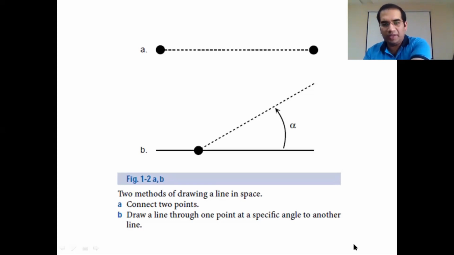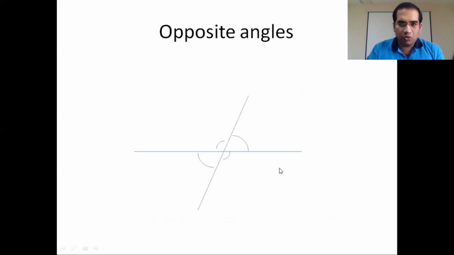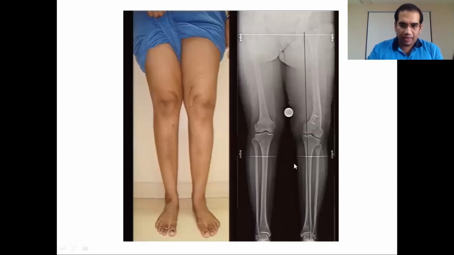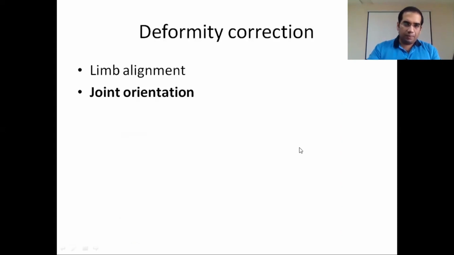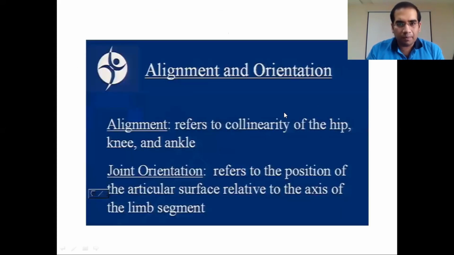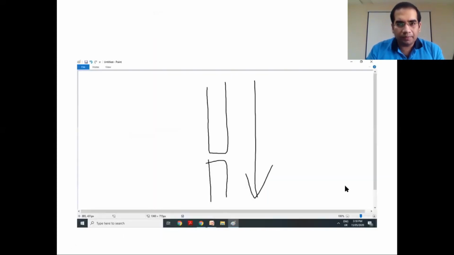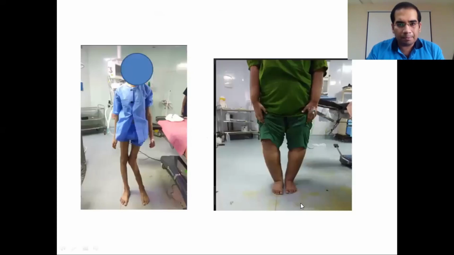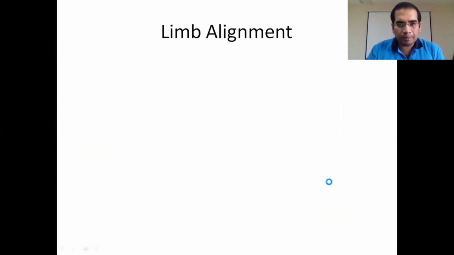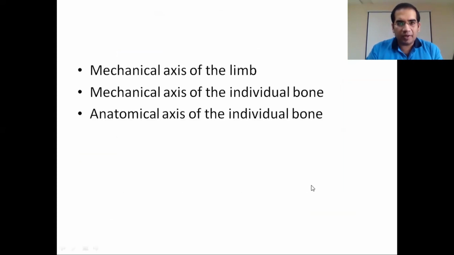The two ways to draw a line, the rule of opposite angles, the importance of joint line orientation, components of deformity correction, limb alignment, and joint orientation, how to draw joint orientation lines, the limb alignment, three components of limb alignment.